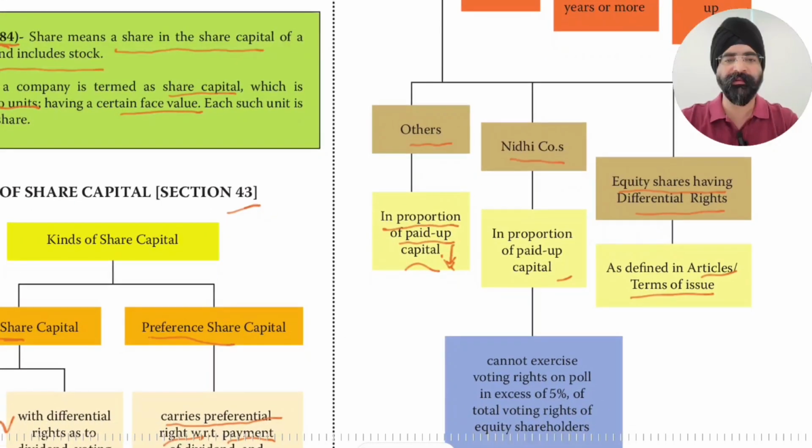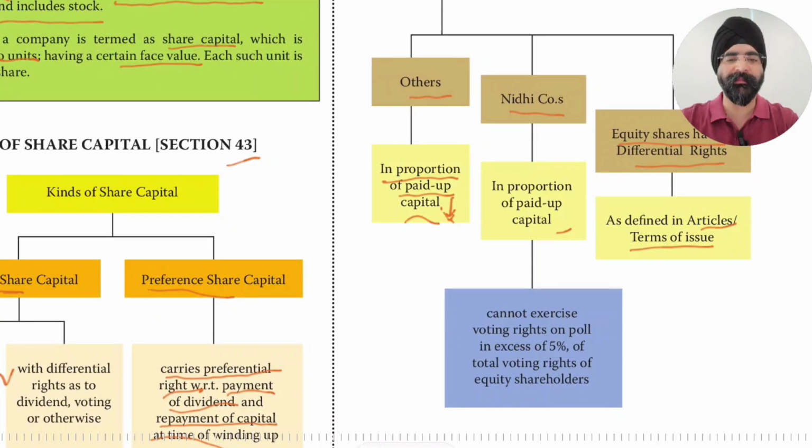In the case of a Nidhi company, a member cannot exercise voting rights on a poll in excess of 5% of the total voting rights of equity shareholders. So any one person cannot exercise more than 5% of total voting rights. Clear?